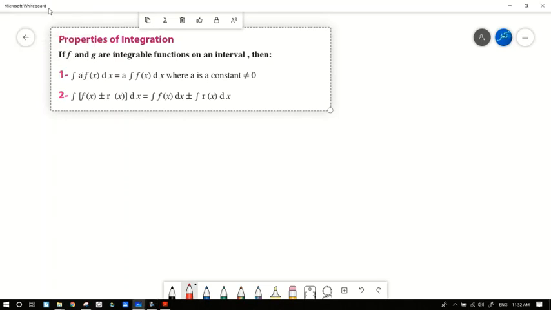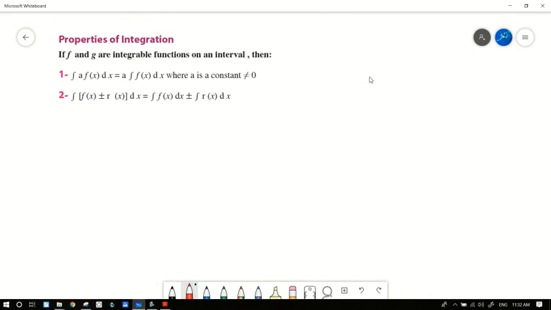But before resuming solving examples, we have to discuss some properties of integration to use in solving different problems. The first one is, if I have integration of a times any given function, where a is a constant and not equal to 0, I can put a outside the integration.